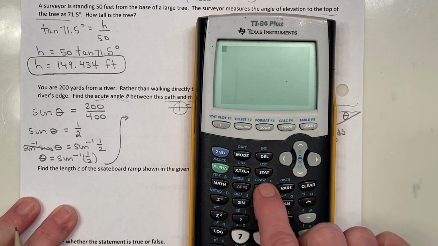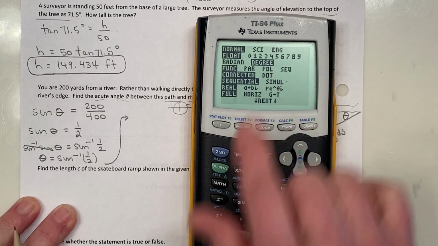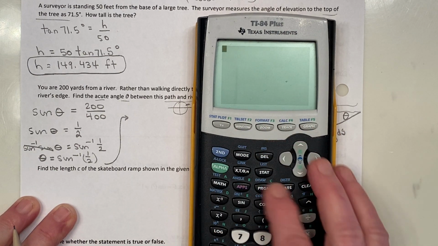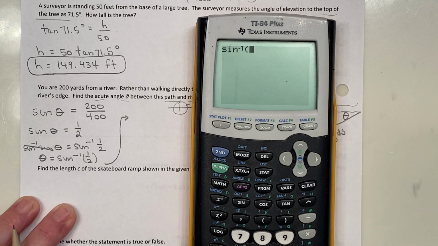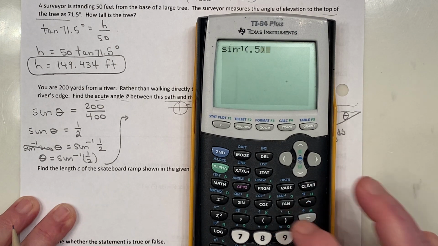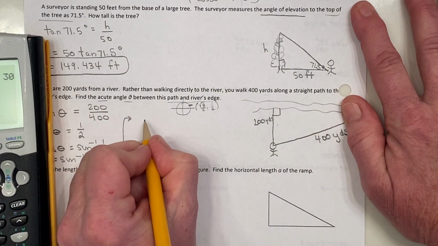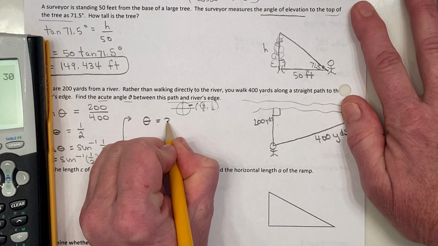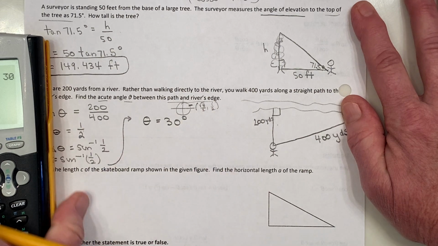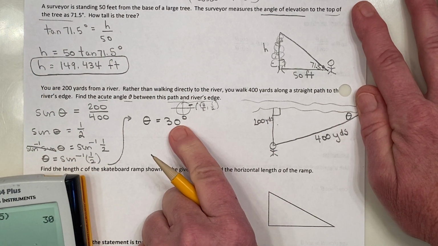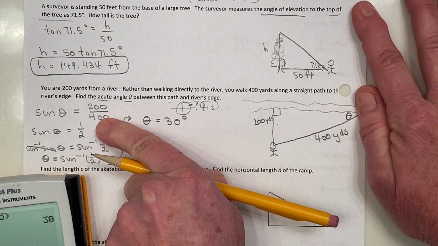I want my answer in degrees, so I want to make sure my mode is in degrees. It is. And then second sine of a half, I'll just put in 0.5 instead, and we do get 30 degrees. You can always check your work. What's the sine of 30 degrees? It will give you a half, which is what we have here.